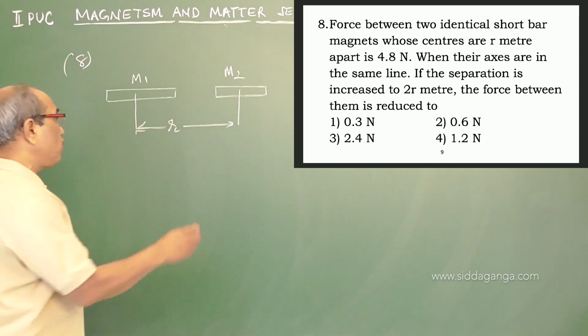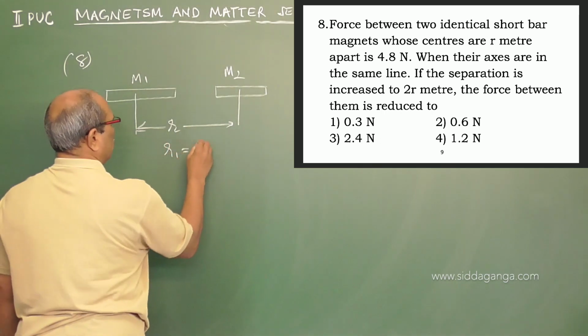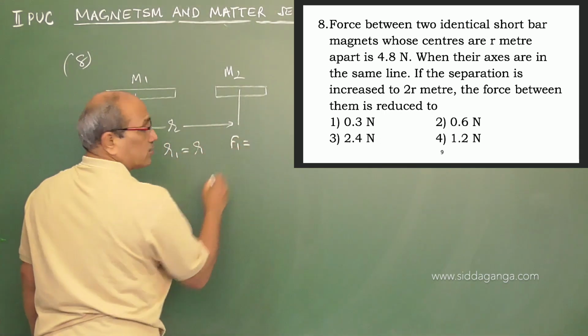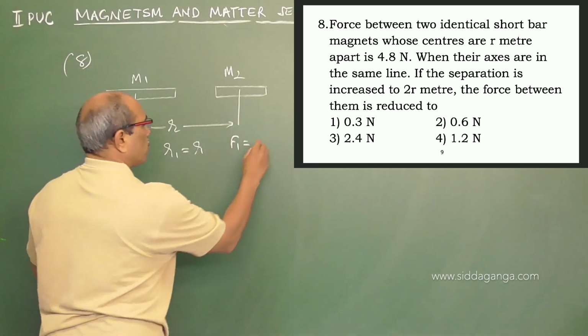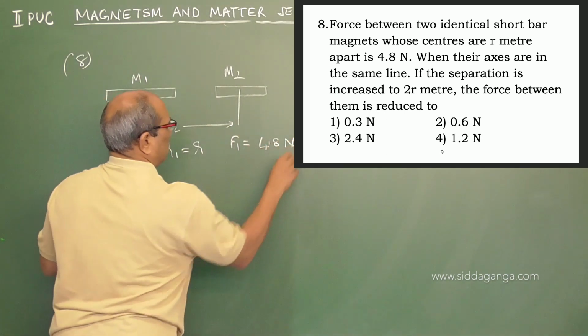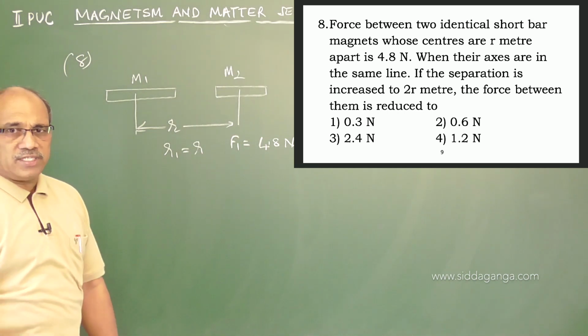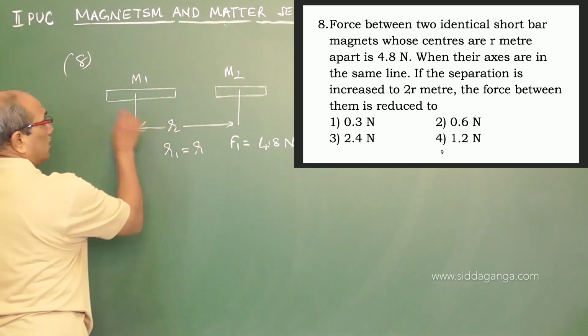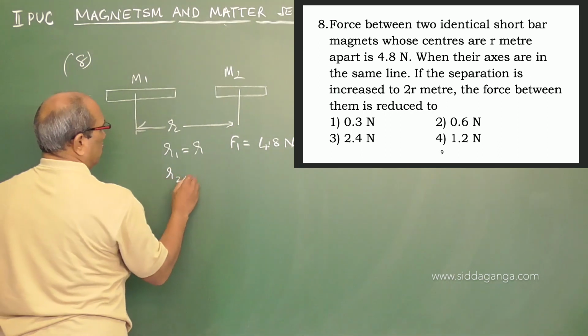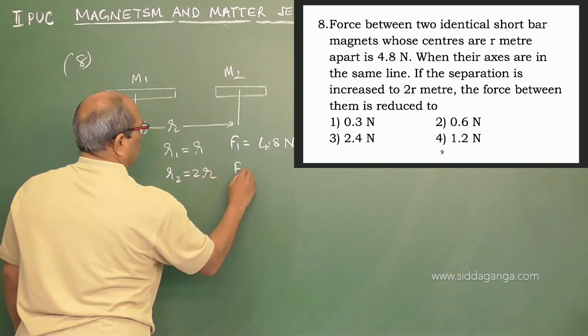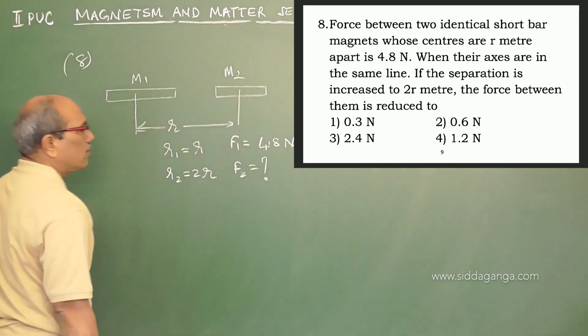When r1 is equal to r, F1 is equal to 4.8 Newton, with their axes in the same line. If the separation r2 is made 2r, what is F2?